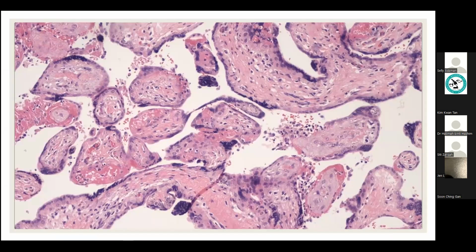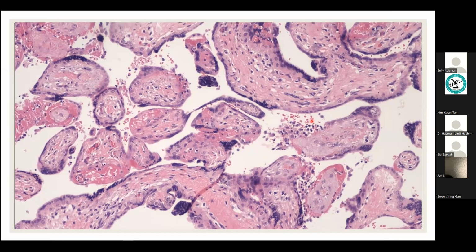Okay, so this is the histology of my own personal case. This is a 16 weeks miscarriage. This is her second pregnancy, G2 para 0 plus 2, sorry.